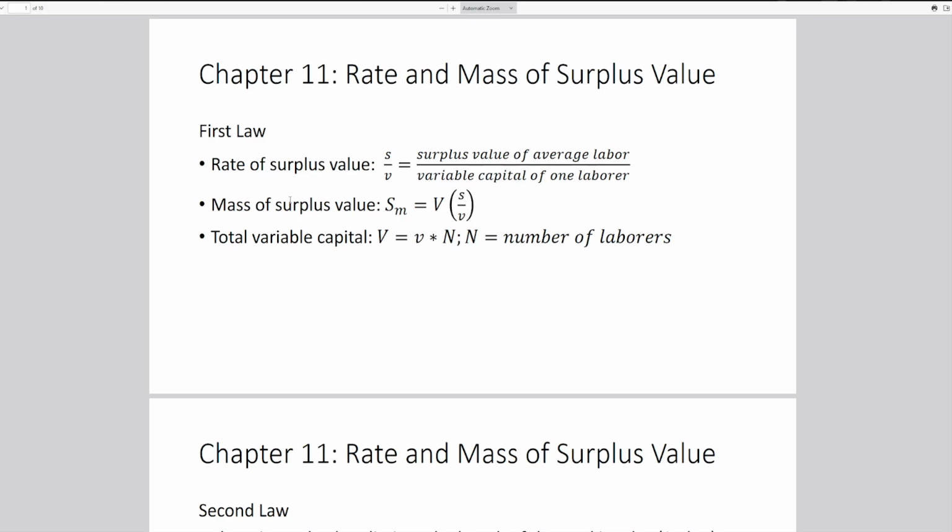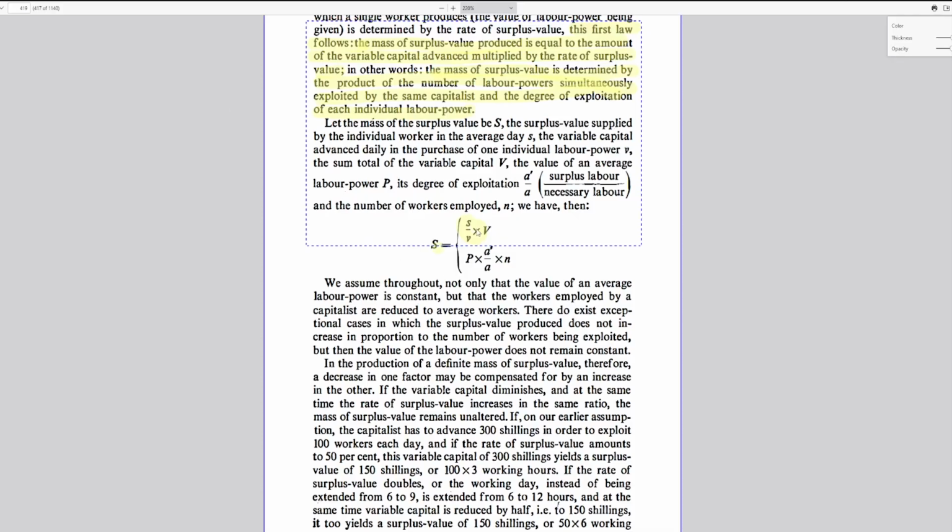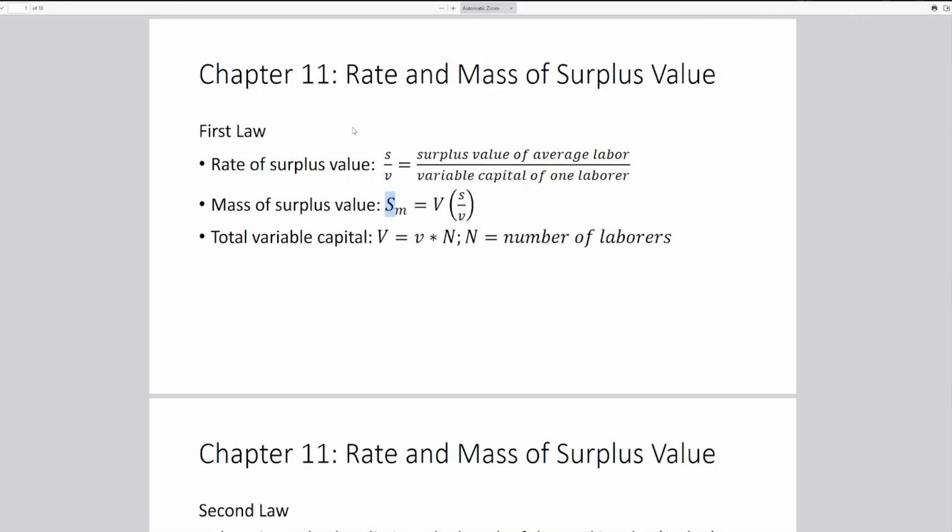So the first law is just the mass of surplus value, which is multiplying capital V by this efficiency or ratio. So capital S is capital V times s over v. And capital V is just little v times N, N being the number of laborers you have employed.